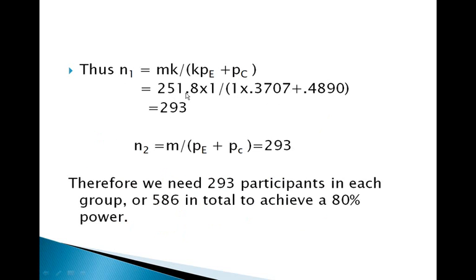We take the value of m, the 251.8, times 1 divided by 1 times 0.3707 added to the 0.4890, getting us 293, and n sub 2 is equal also to 293. Therefore, we need 293 participants in each group for a total of 586 to achieve an 80% power.